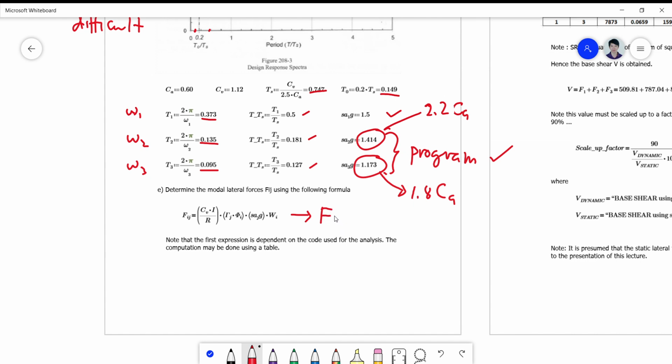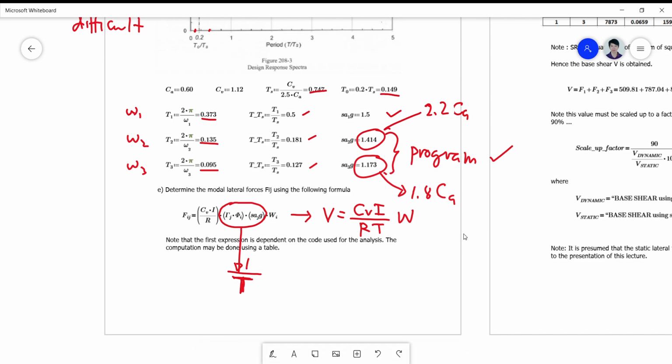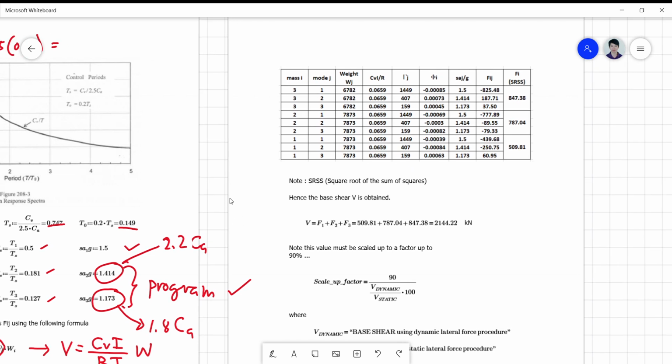The base shear is actually CVI over R W. Okay, so this is CVI over R. So your T, CVI over R, your T is actually carried by this formula here, or simply 1 over T. Okay, so this is how you do it.